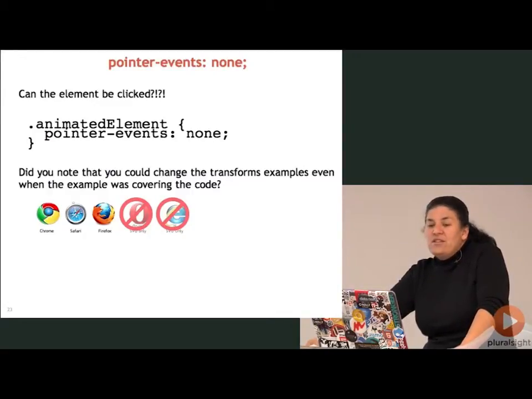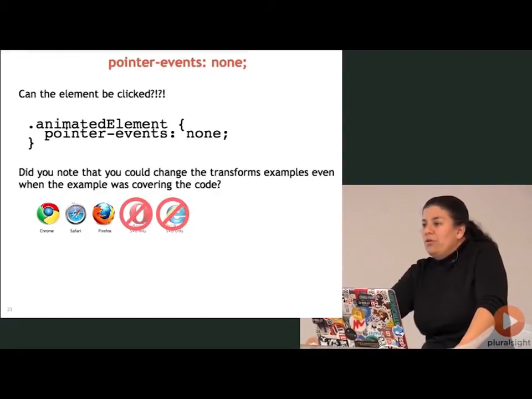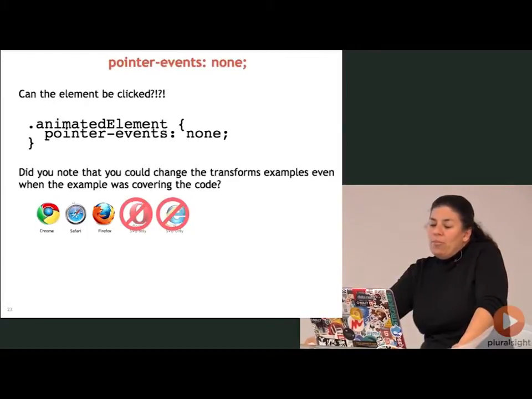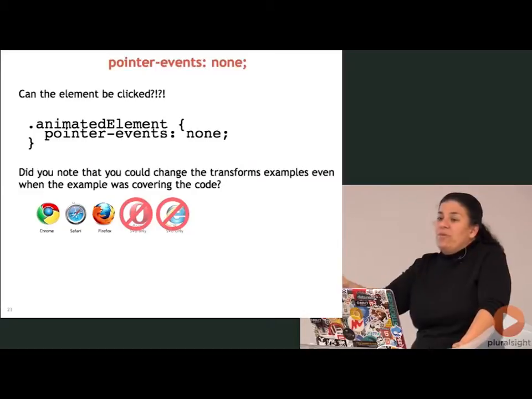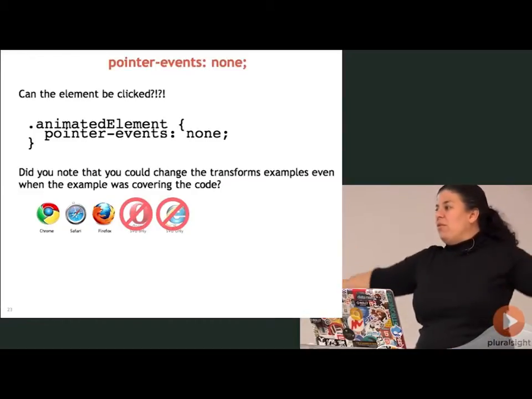So what pointer-events none does is it basically says this element cannot receive a click event. Very good for animating. If you're putting snow, or someone said they were putting meteors on a page, put pointer-events none on your meteors, especially if they're in front of something, because you don't want someone to not be able to click on the link because there's something flying through your page.